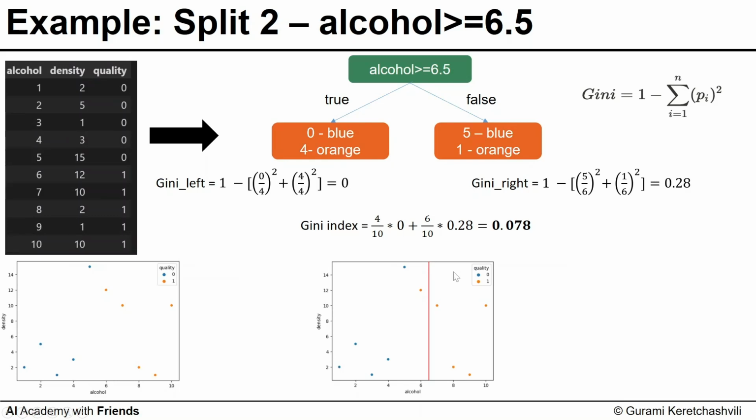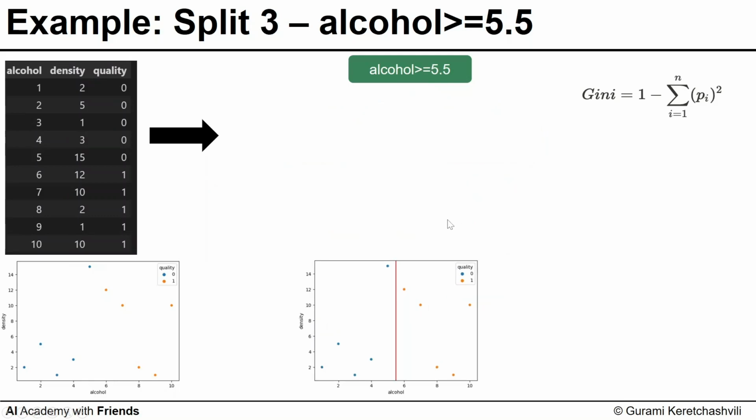And the final Gini index is a weighted sum as mentioned, so it will be 4 over 10, because we have 4 dots in the left side, multiplied by 0, plus 6 divided by 10 multiplied by 0.28. So the final result will be 0.168. Let's do the same calculation in the third split.